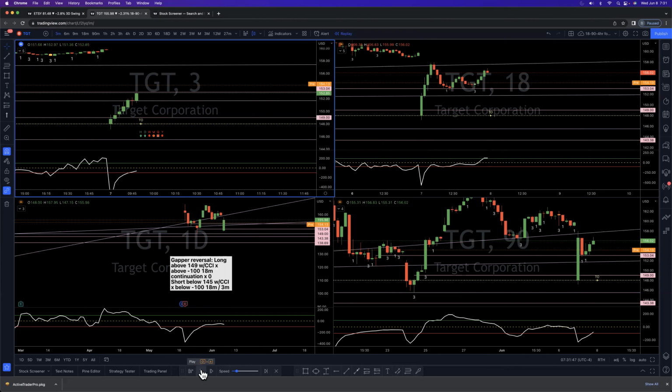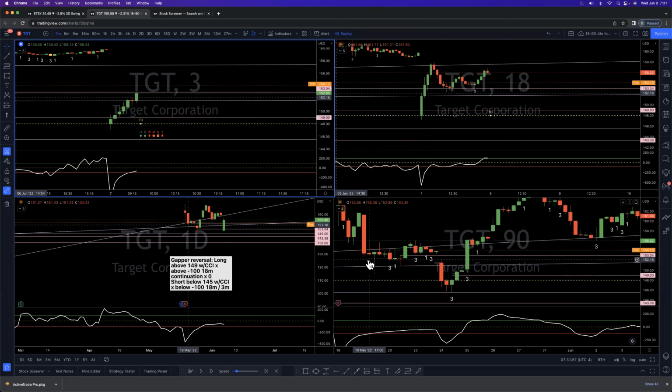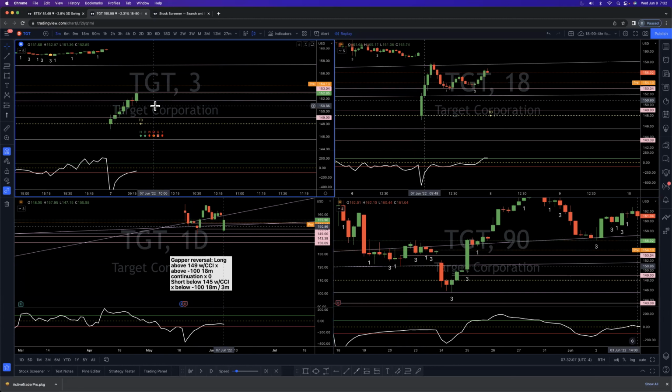All right, so now it hits this level, okay? Now, if you recall, I said, because this was an outside bar here on the 90, right? I said, if this goes 3, 2, 2 to the upside, this is gonna continue, try to take out this range. Okay, what does it do?